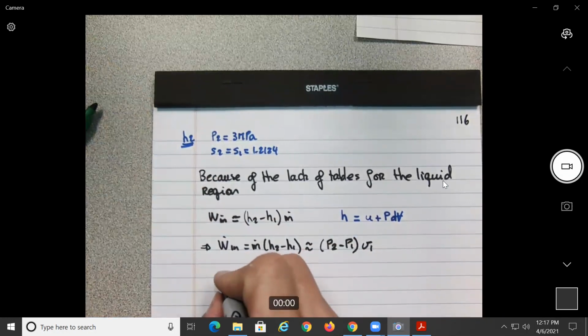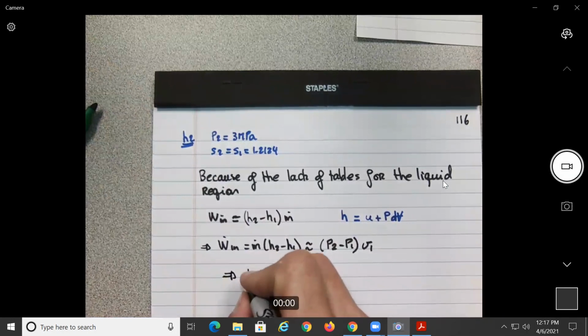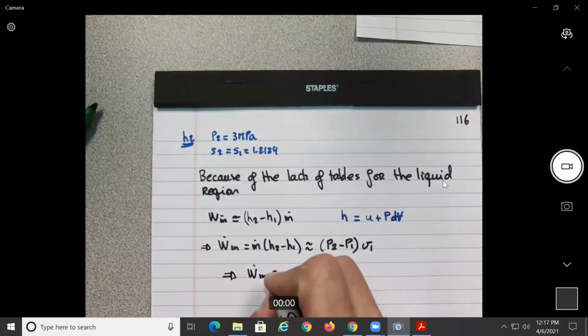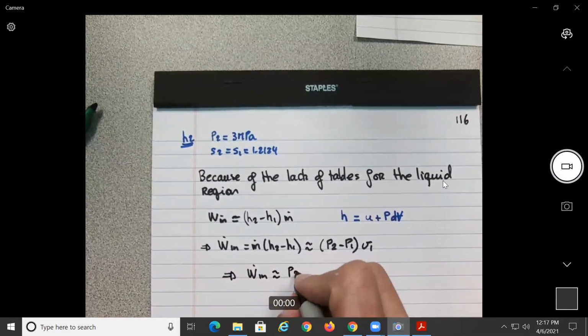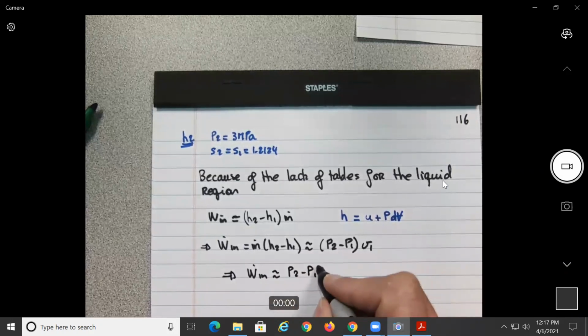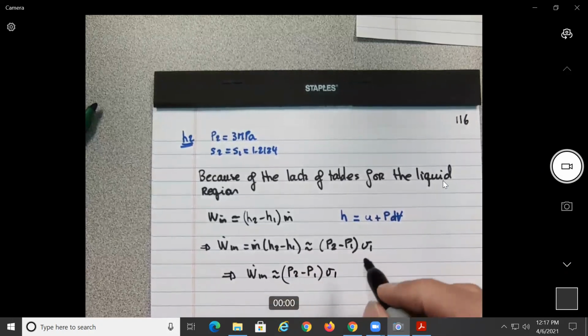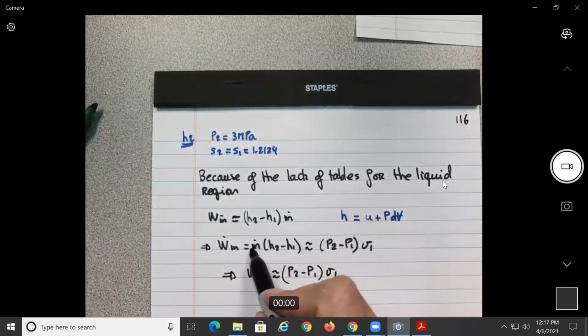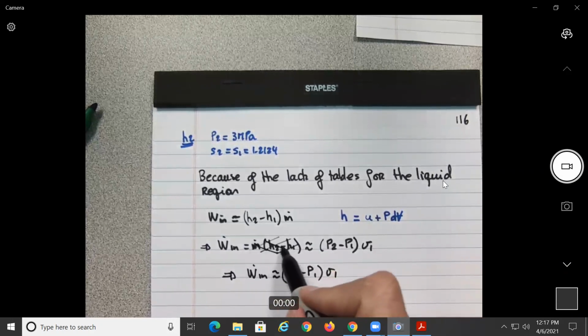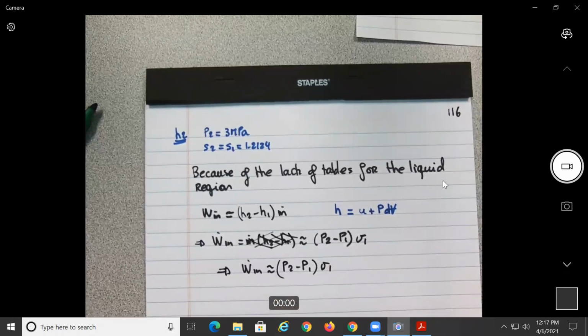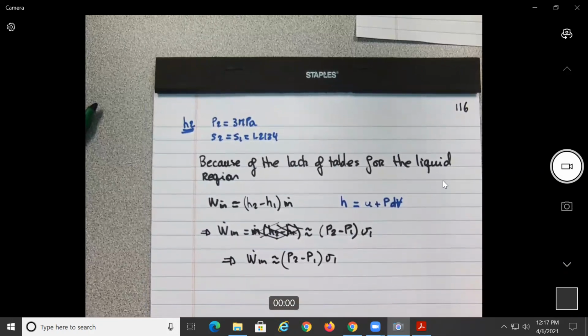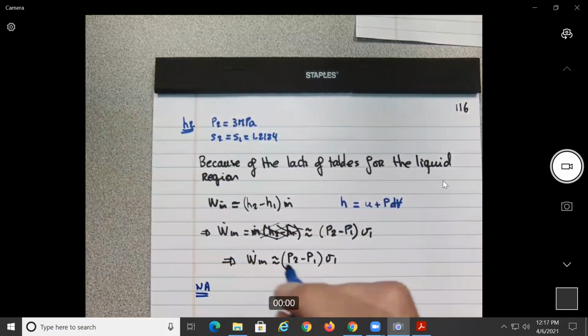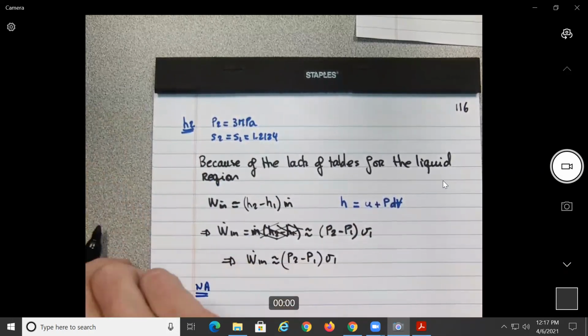So from here, this means that the power in is equal to P2 minus P1. Scratch this one, please, I don't want to create confusion. So now we can do the numerical application here. So it should be equal to what?